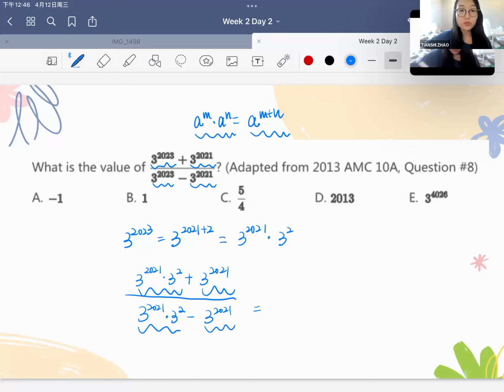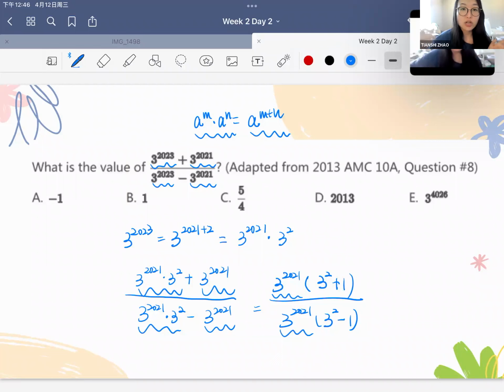Therefore, we can pull out the terms, and then we can write it in the form of 3 to the power of 2 plus 1, and then 3 to the power of 2021, and 3 to the power of 2 minus 1.